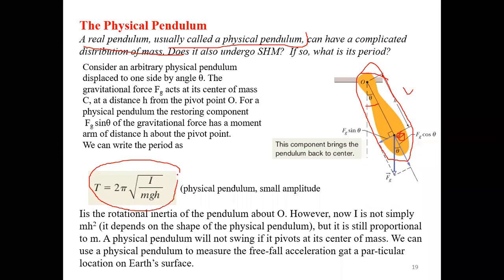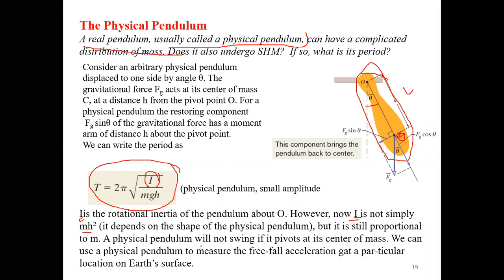Previously, in the case of the simple pendulum, I is just mass multiplied by L squared. Now for the physical pendulum, I is the rotational inertia of the pendulum about the pivot point O. However, now I is not simply mh squared. It depends on the shape of the physical pendulum as well, but it is still proportional to m.